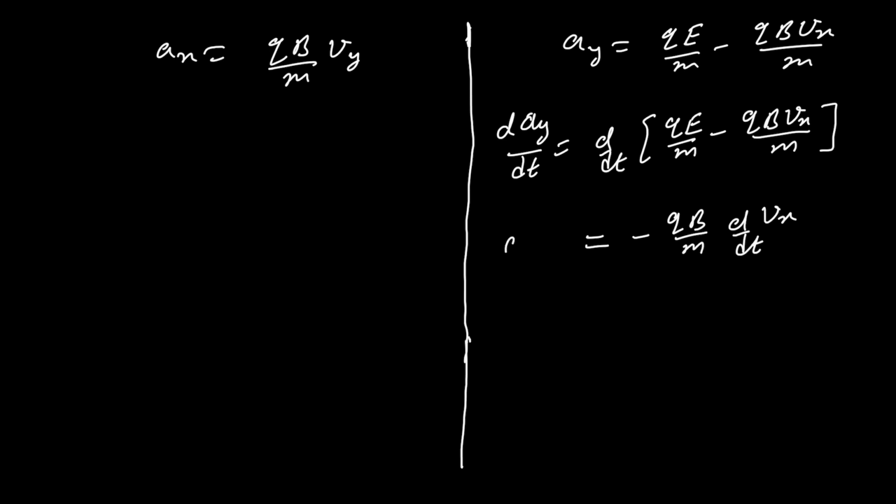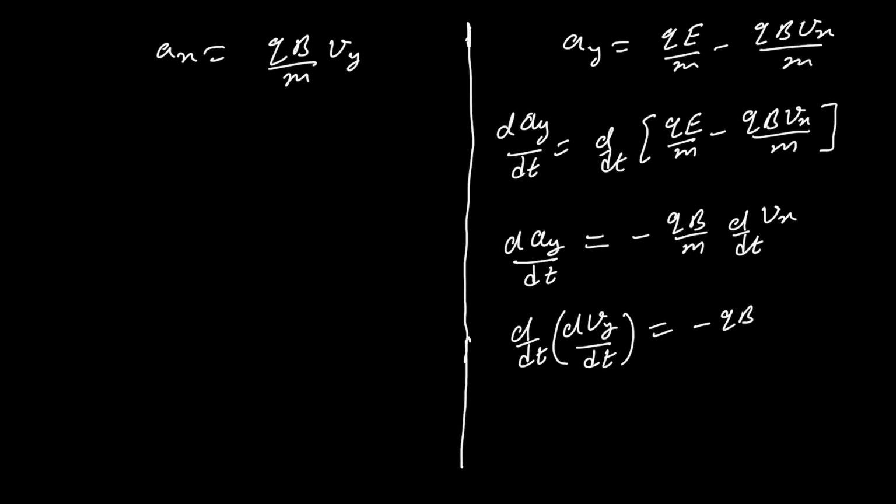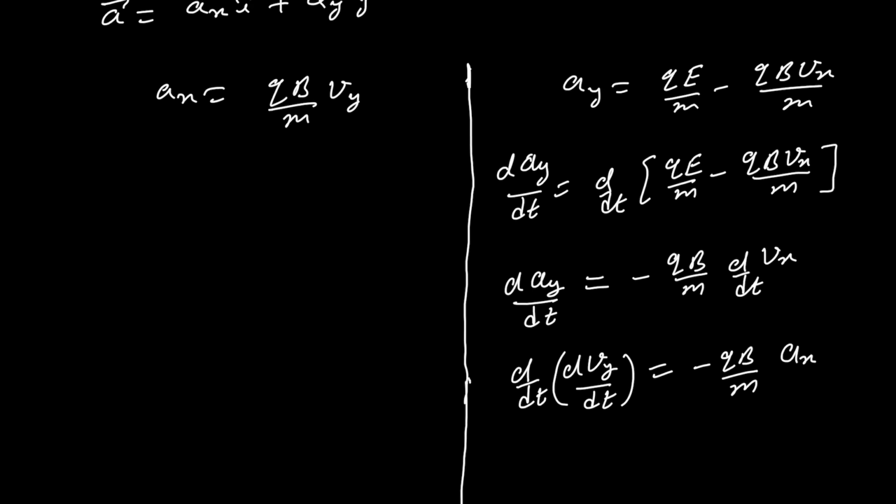That will give us d by dt of vy, which is ay, and qB by m times dvx by dt will be ax, and we know the value of ax. On the left side you can see the value of ax is qB by m into vy.